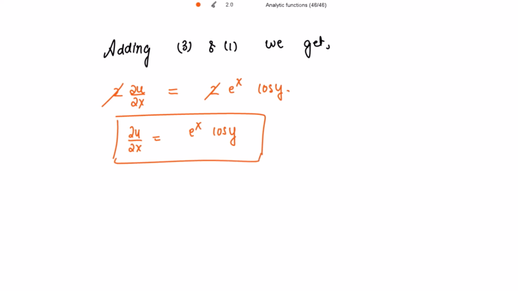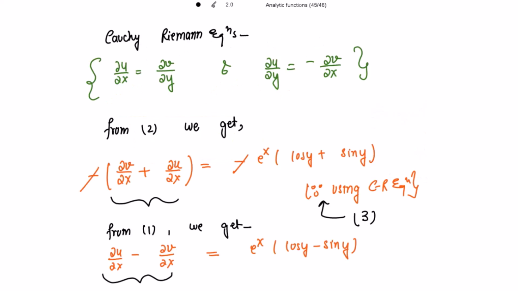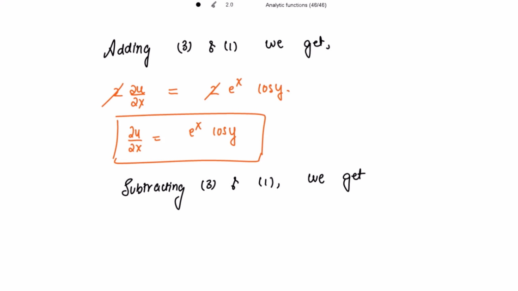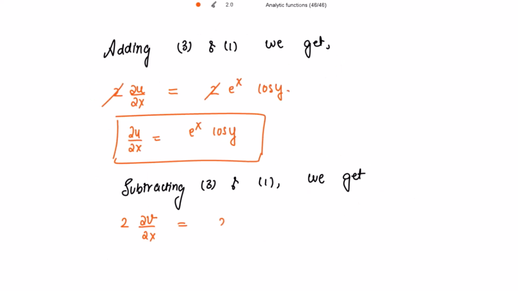Similarly, if I subtract third and 1, from the left hand side we get twice ∂v/∂x, and on the right hand side we get twice e^x sin y. Cancelling this 2, we get ∂v/∂x equal to e^x sin y.